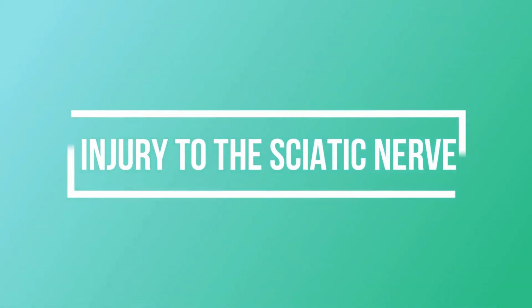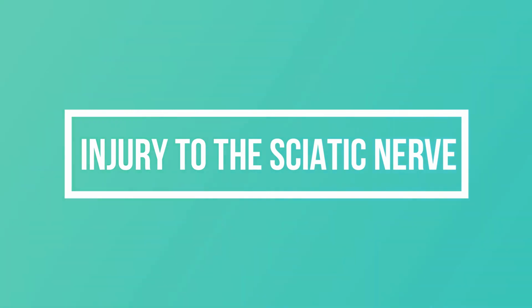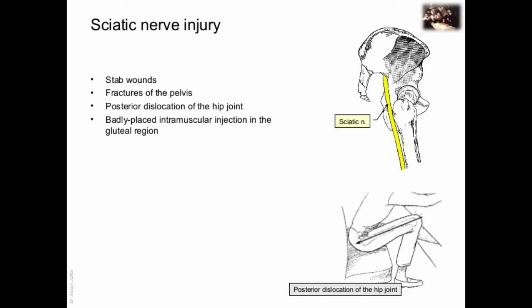Sciatic nerve injury is usually caused by stab wounds, trauma, fractures of the pelvis, posterior dislocation of the hip joint, or a badly placed intramuscular injection in the gluteal region. It can also be caused by direct impingement of the nerve.